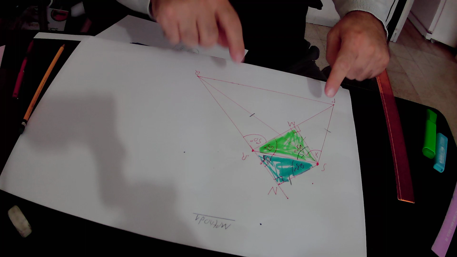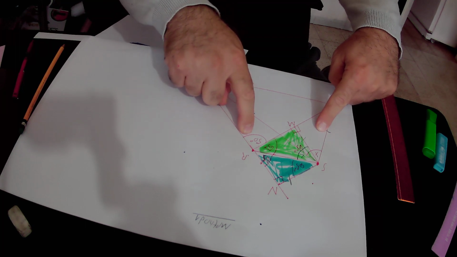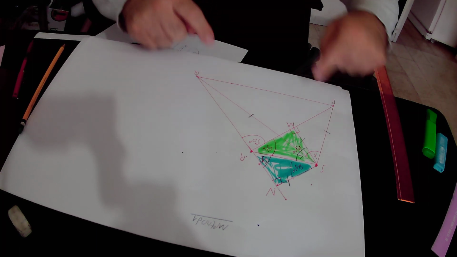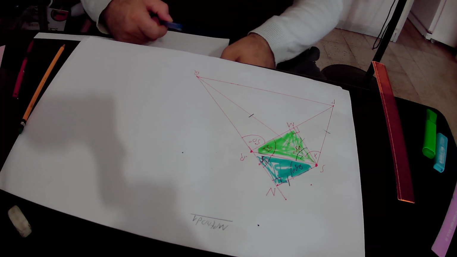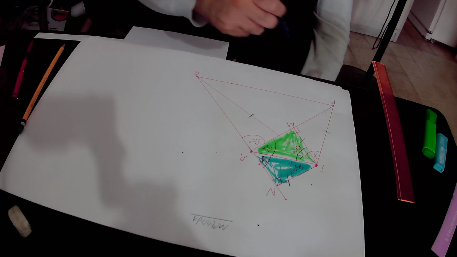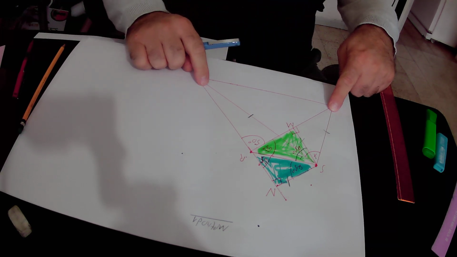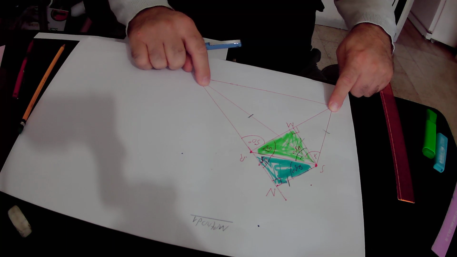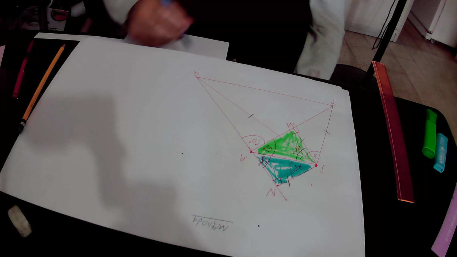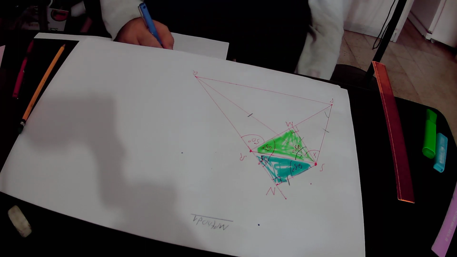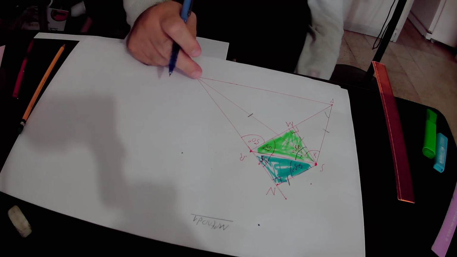So from the fact that those two right triangles are congruent to each other, we can conclude that those two angles are equal to each other. Okay, so angle SPM equals angle NQS.